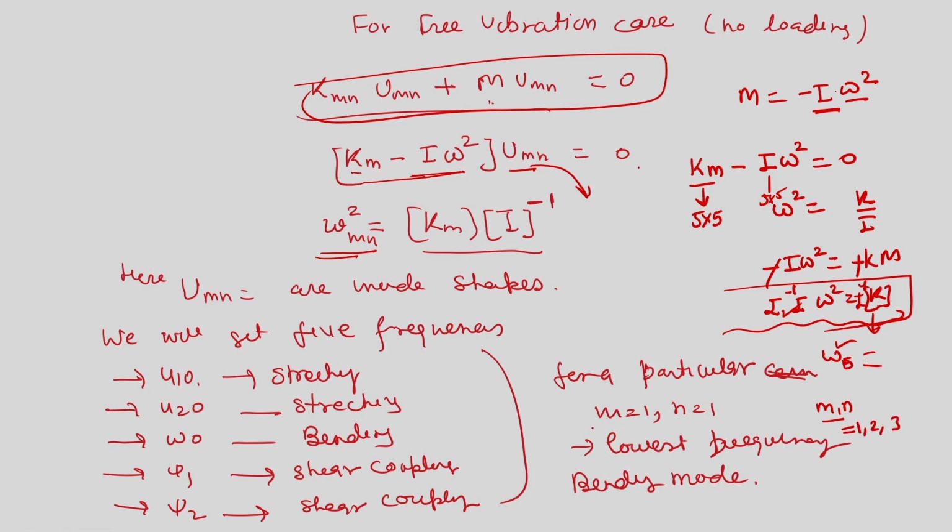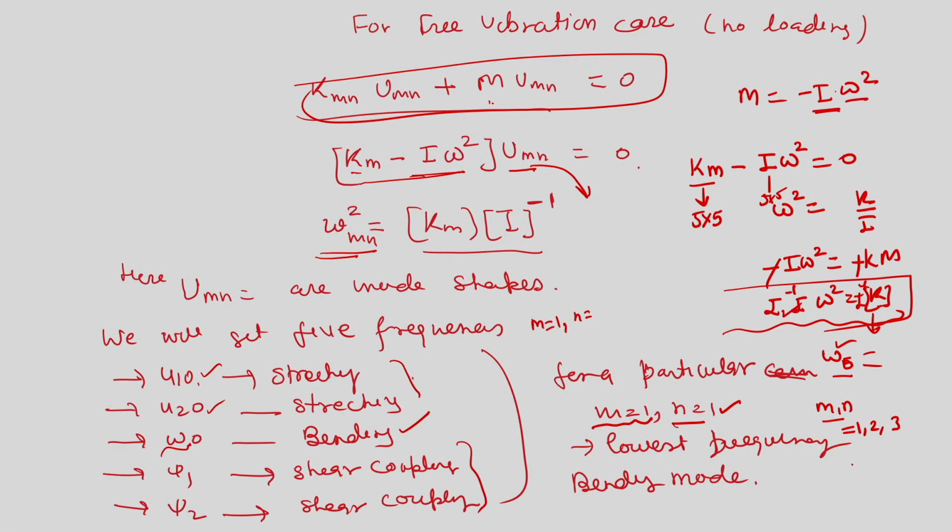Let us say for m equal to 1 and n equal to 1, we will get 5 frequencies at a time. The frequencies corresponding to W naught will be the bending frequency, U10 and U20 the stretching frequencies, and the shear coupling frequencies. So, for a particular combination of m and n, we will get bending, stretching and shear mode frequencies.